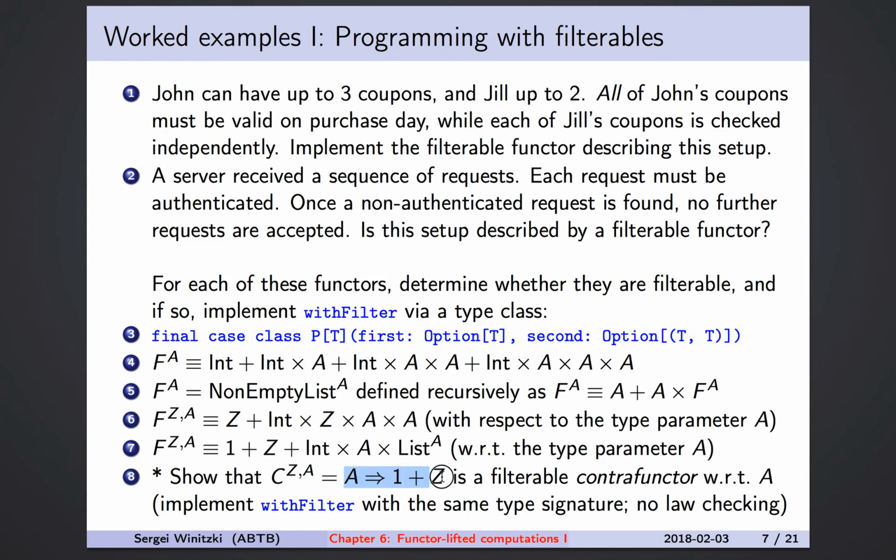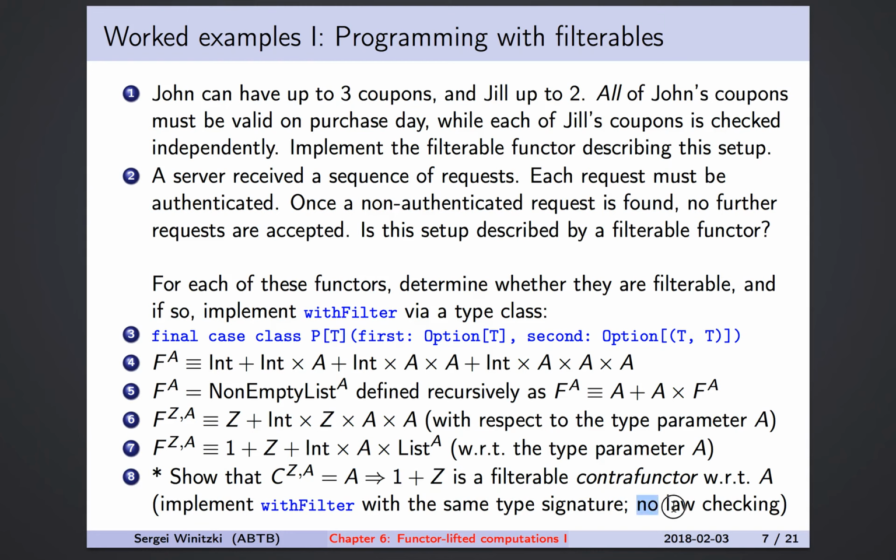So here's an example of a filterable contrafunctor. We will not check laws at this point, but we will check them later. Once we find out more about filterable functors, it will be quite easy to understand what a filterable contrafunctor must be.